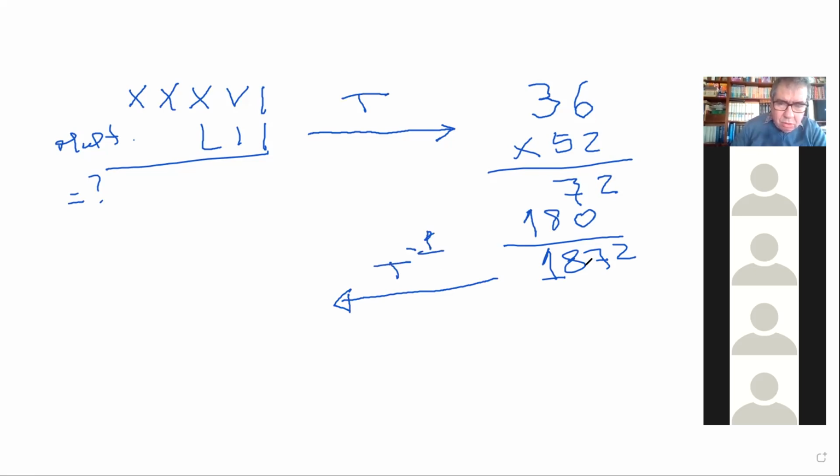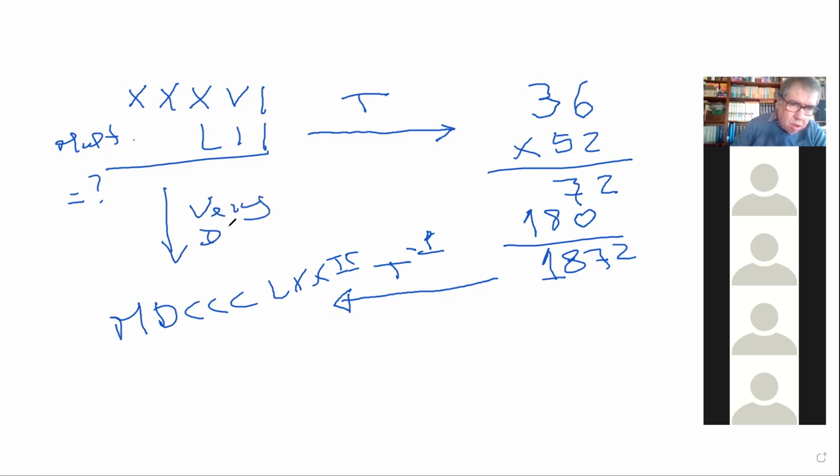And the inverse transform is to write the Arab numbers as Roman numbers. So you have 1000, 800, 70, okay? Something which was very difficult, you do a change of coordinates, and in this way became very simple.